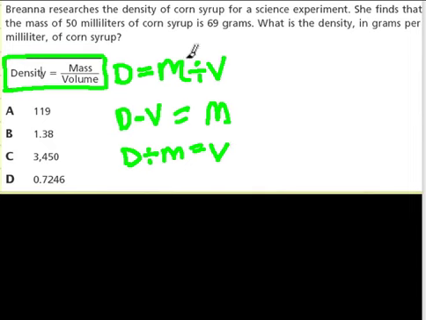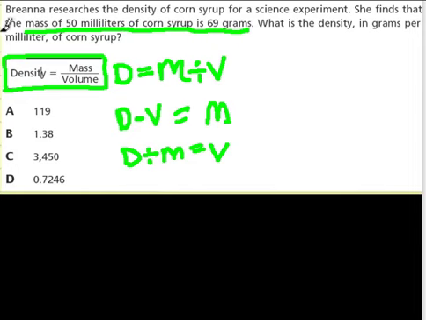In this problem, we're told that this person, Brianna, researches the density of corn syrup for a science experiment, and the mass of 50 milliliters of corn syrup is 69 grams. Just be careful. Just because the word mass is next to the measurement 50 milliliters doesn't mean that 50 milliliters is the mass.